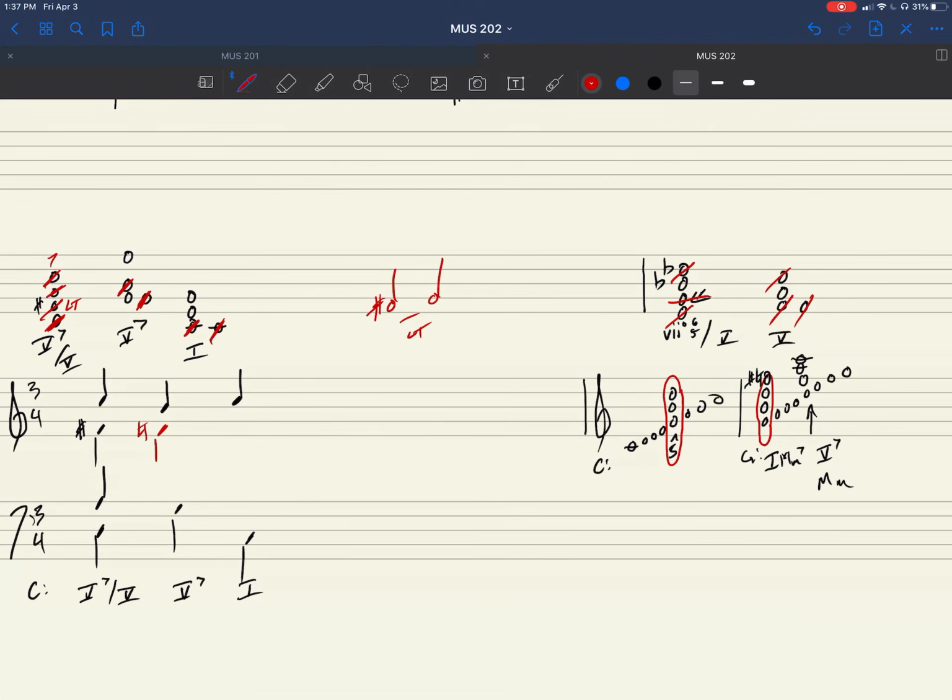Now, you may be thinking, why can't I just resolve to G? If you resolve to the G, which would be this note here, then the G's taken. This A now has to move to an F, and that would be a leap.